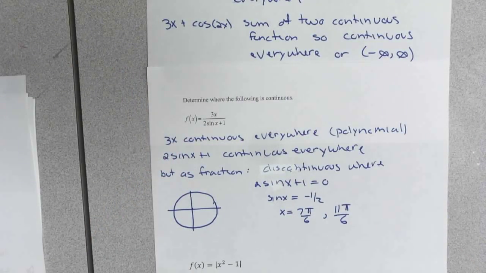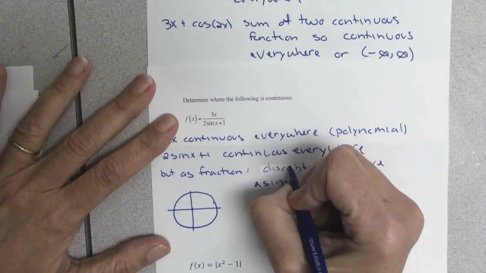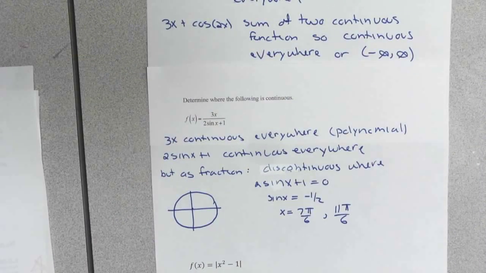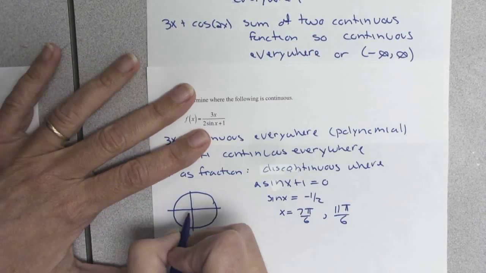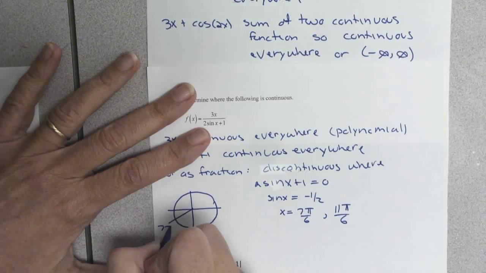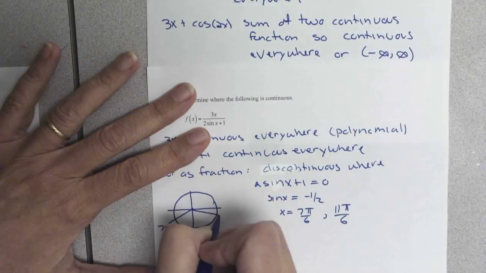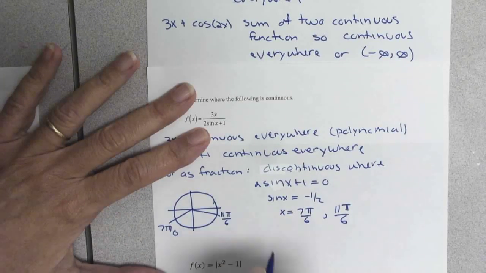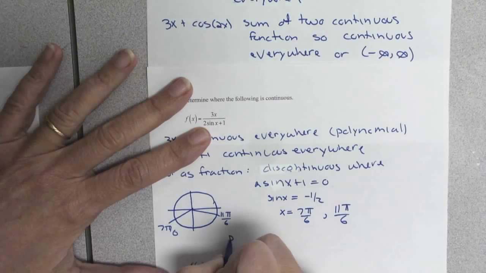And so I would be happy pretty much with that answer. If you wrote discontinuous on those guys, I would be happy with that answer. Give me the primary unit circle values. But the perfect answer, so there's approximately 7 pi over 6, and there's approximately 11 pi over 6.